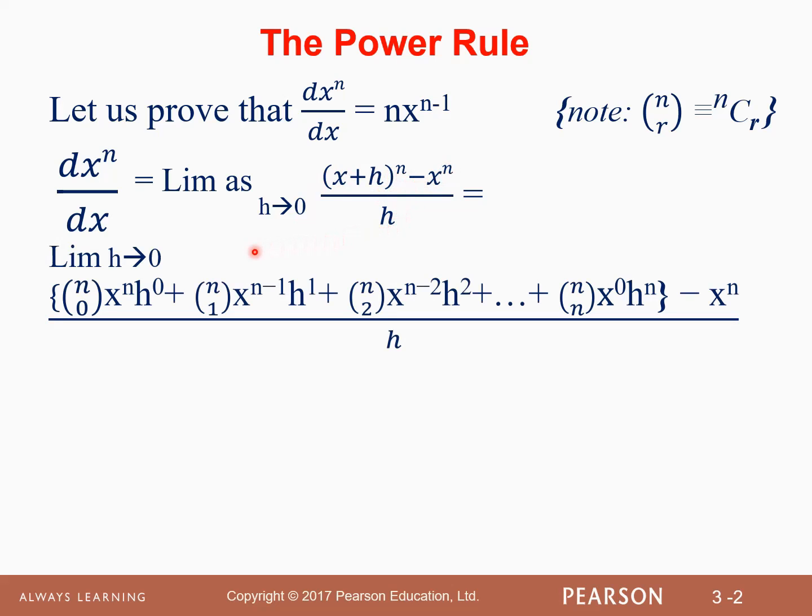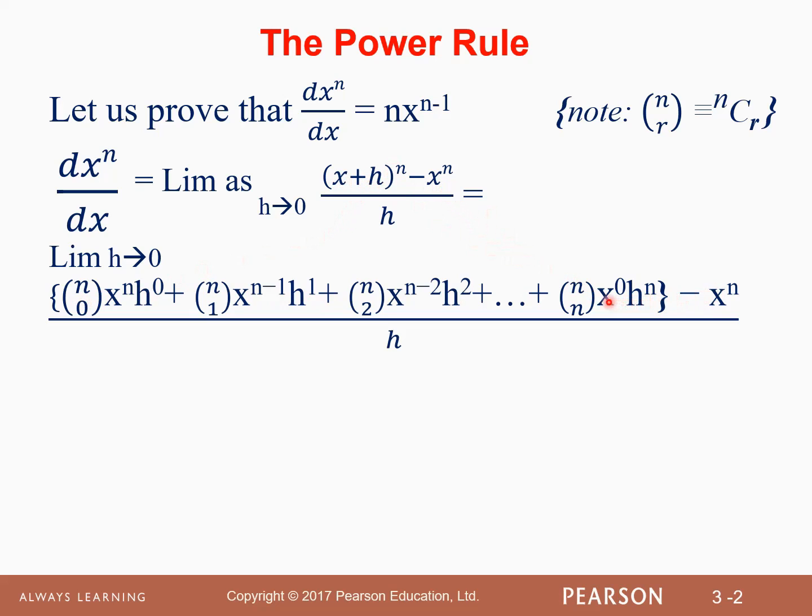And this will be equal to the limit as h goes to 0 of 0 chosen out of n possibilities, x to the power n, h to the power 0, plus 1 chosen out of n of x to the power n minus 1, h to the power 1, plus 2 chosen out of n, x to the power n minus 2, h square, plus all the way until n chosen out of n of x to the power 0, h to the power n. This ends the expansion of x plus h to the power n, and then we have to subtract from it x to the power n.